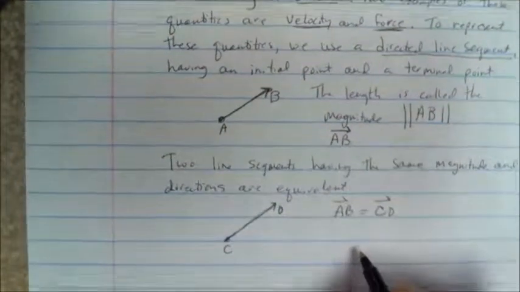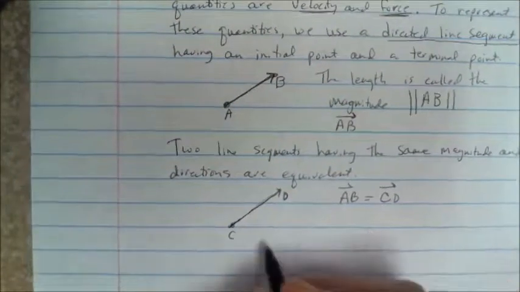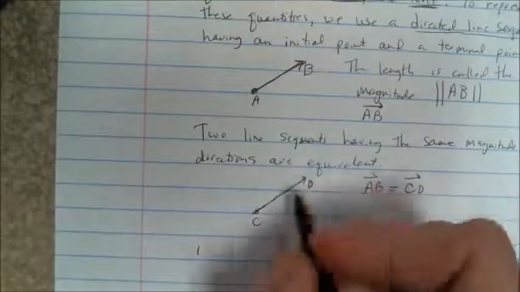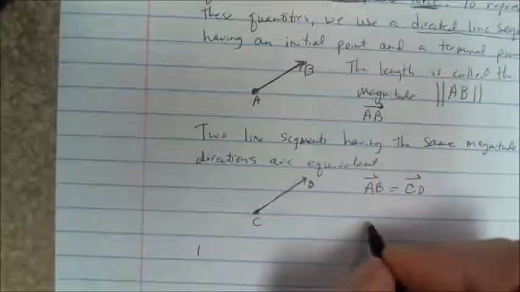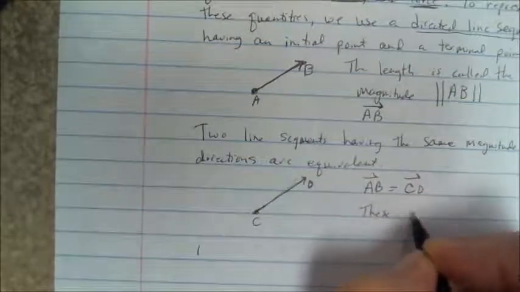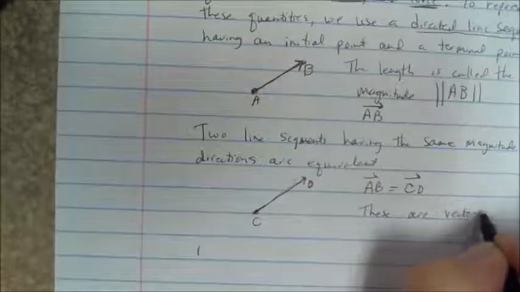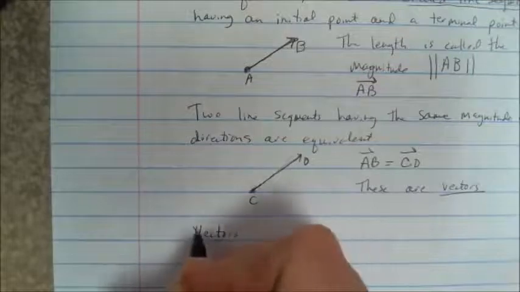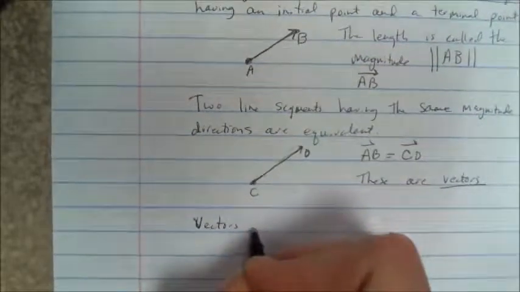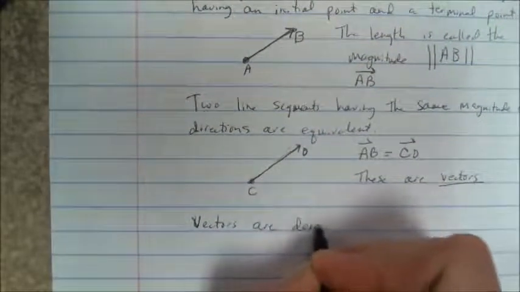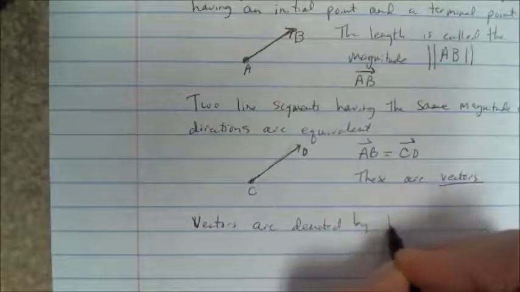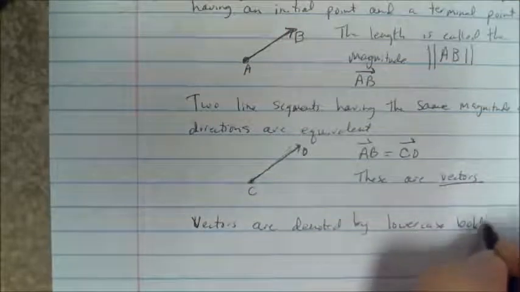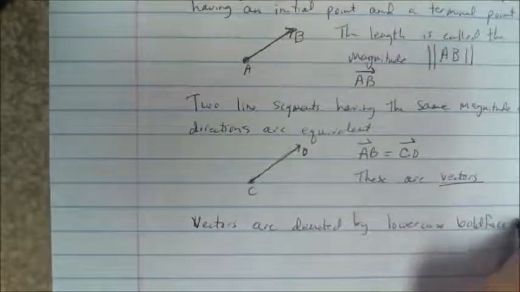Vectors usually are denoted by lowercase letters in boldface. Oh, and I haven't even said that these are vectors. These directed line segments are vectors. So vectors, or in other words, these directed line segments, are denoted by lowercase boldface letters.